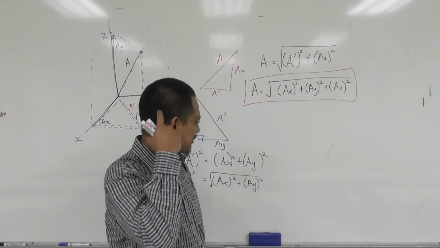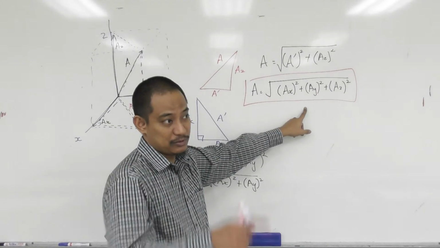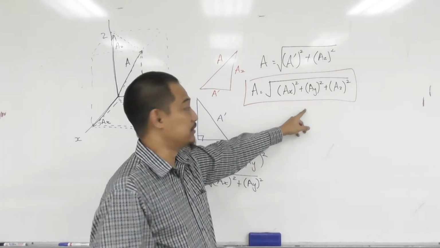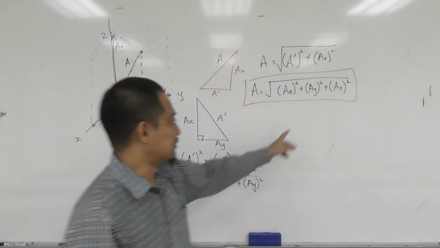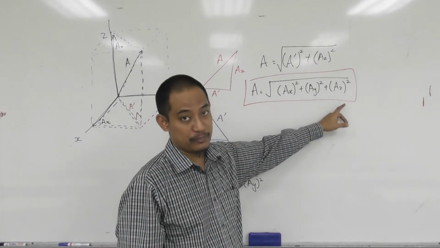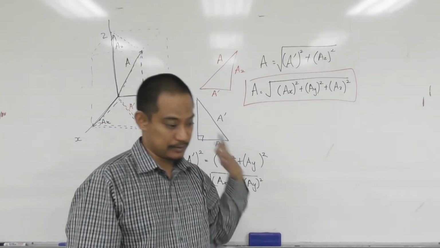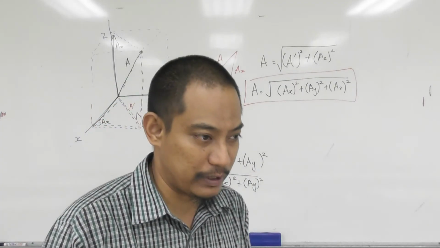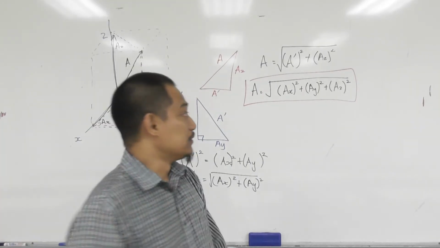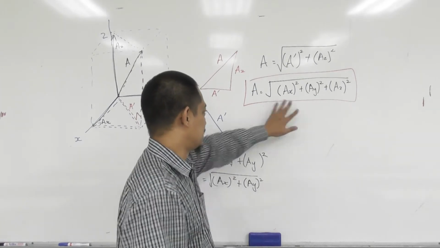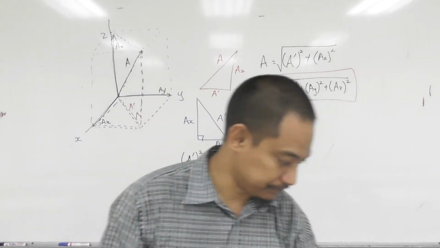And it's not that difficult to memorize, because it's similar to the Pythagoras for 2D, right? For 2D it's just x squared plus y squared. In this case you have also z squared, right? But this is how it is derived, right? So it is good to know how everything is derived, so that even if you forget, you can derive yourself. But in terms of application, normally we memorize this already, you just apply this one. Alright.